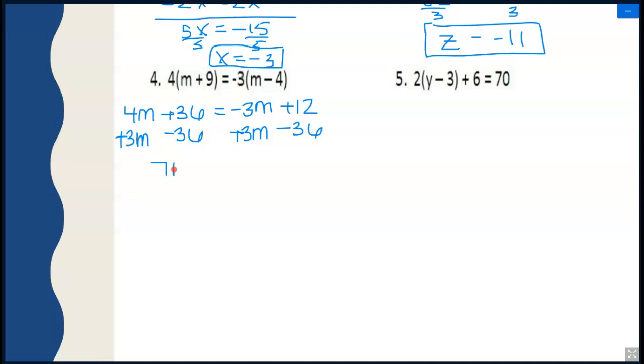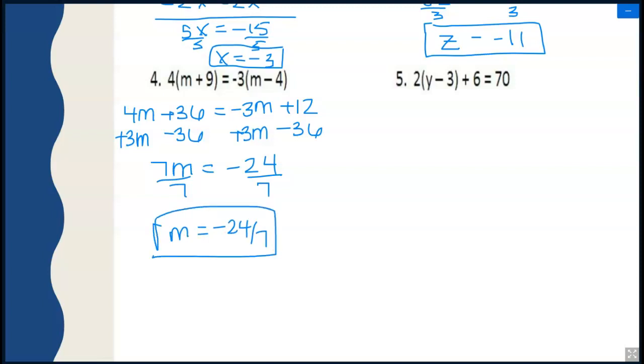So if I add 3m, I get 7m. If I subtract 36, I get negative 24. And negative 24/7 is my answer.